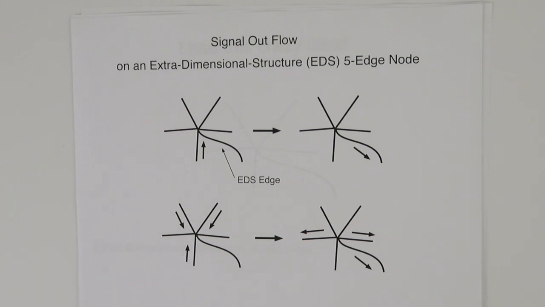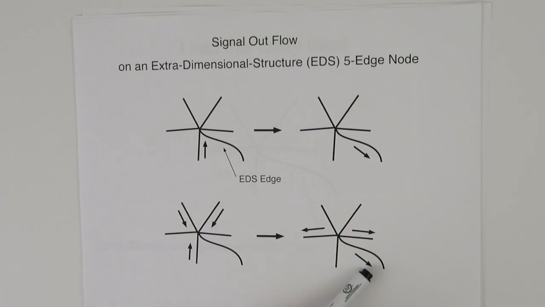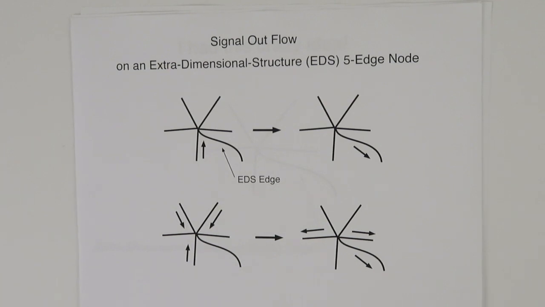And that seems like a perfectly rational solution to this single signal approaching. Here in the case where we have 3 signals approaching, before we didn't know what to do with this except to turn it around. Now we can say, oh no, it'll simply go out on the extra dimensional structure edge, and the other 2 signals will flow in the fabric as before.